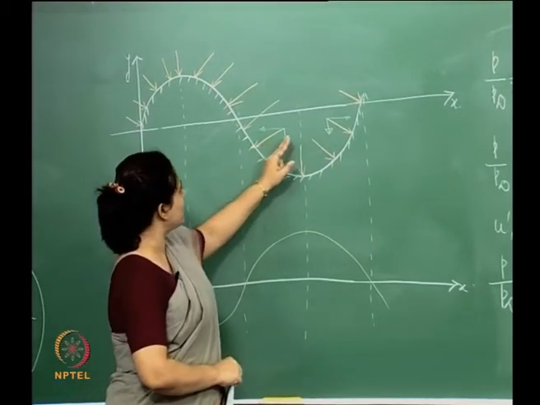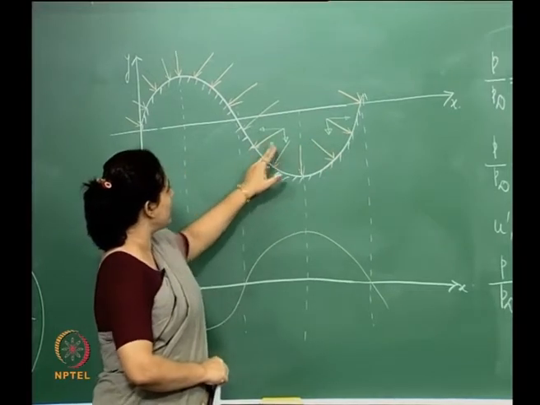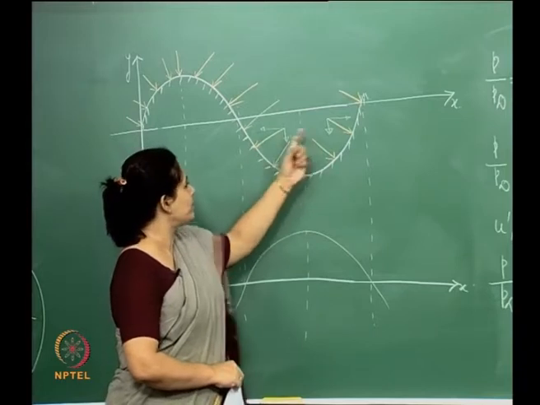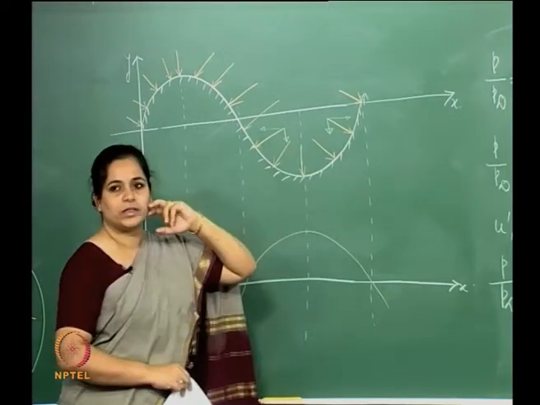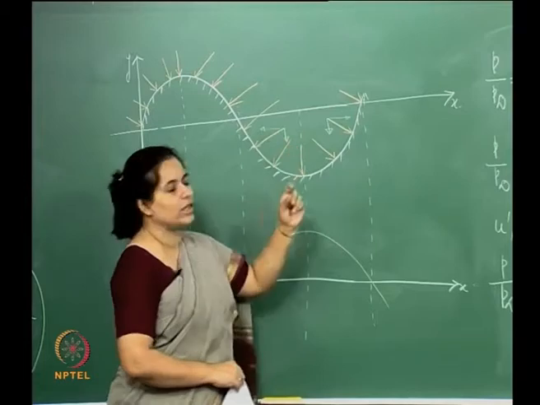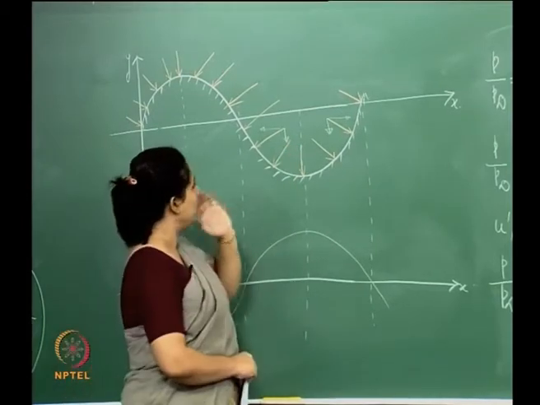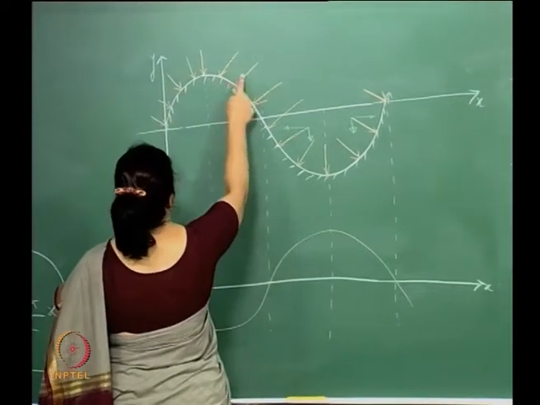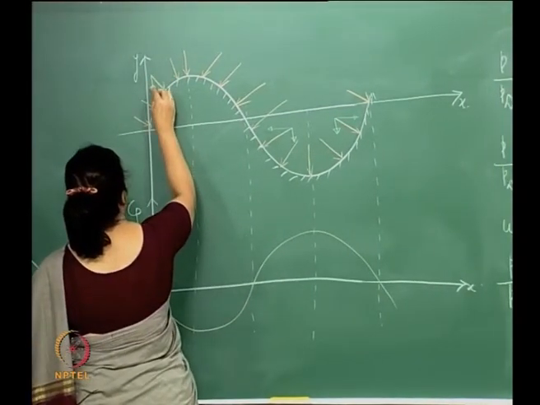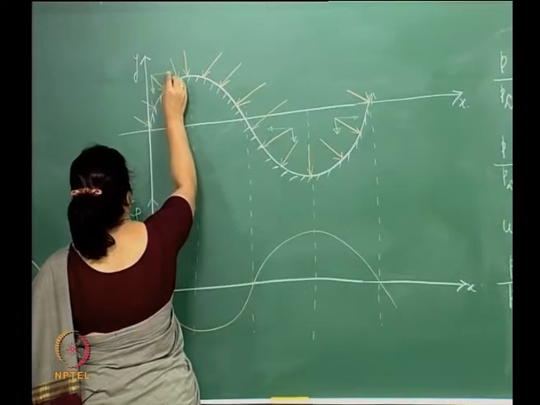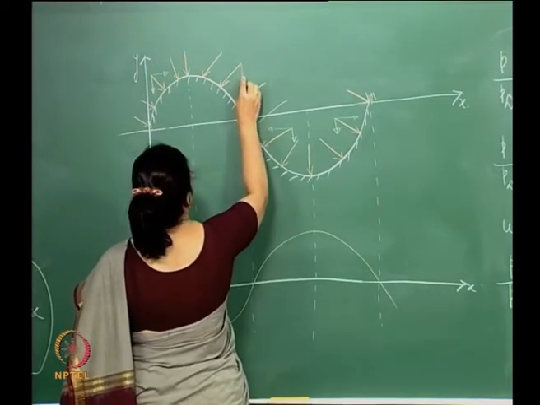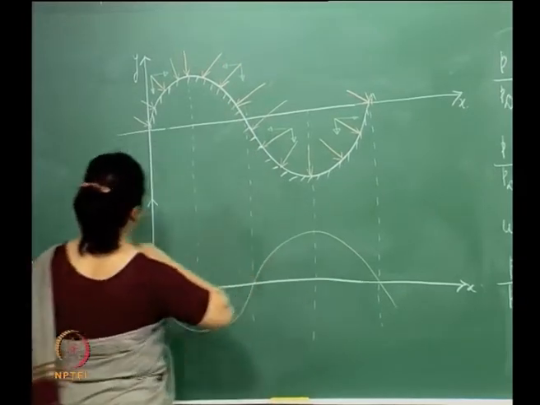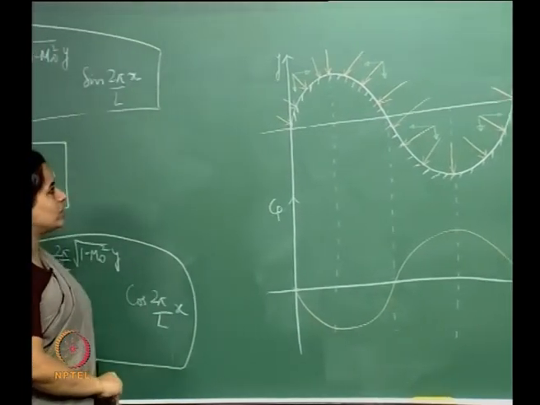So, I am taking exactly two immediately opposite pressure vectors and resolving them in the x and y direction. Similarly, take this and this, right. So, this is what we get.